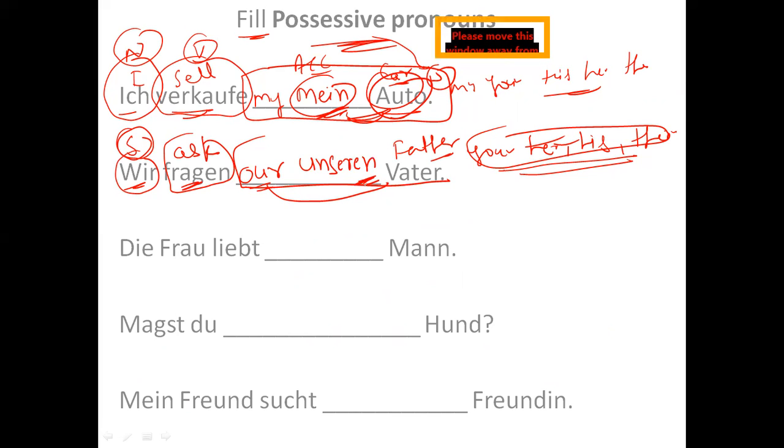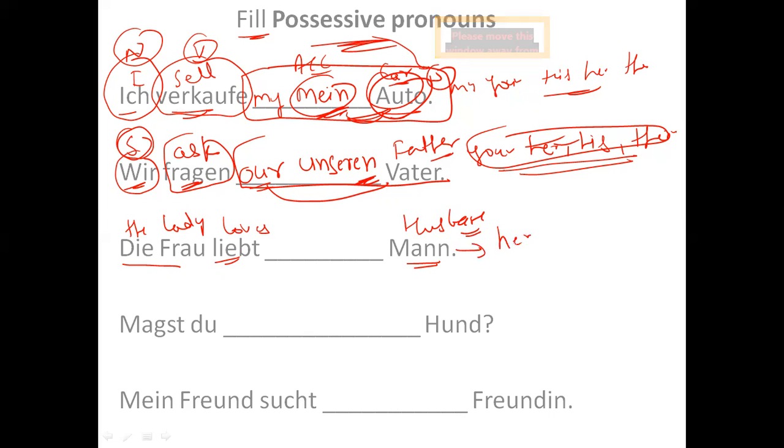Now here, next sentence says die Frau, the lady loves Mann, husband. Man is husband. The lady loves. What is the appropriate one? Her husband, obviously, right? The lady loves her husband.